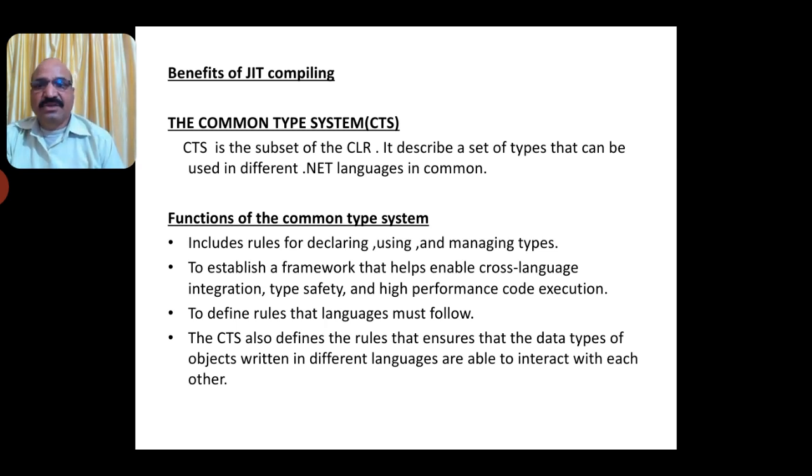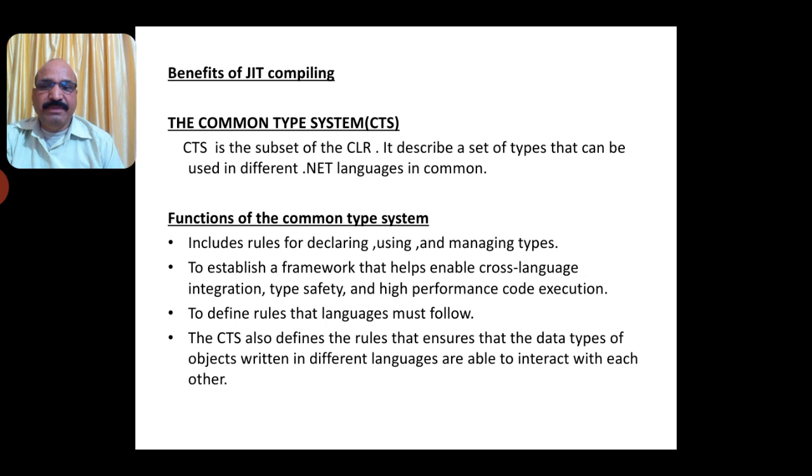Suppose you have to write VB code and you want to declare an integer, you should write Integer as to declare an integer. When you use C# or C++, if you want to declare an integer type value, you just write int a. So these data types are not compatible, and interfacing between them is very complicated.